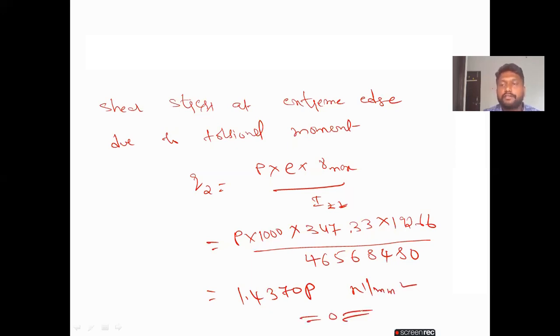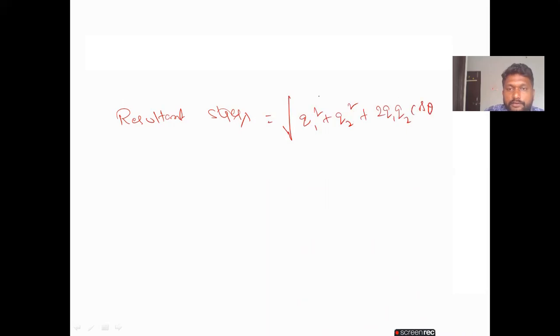So after calculation of Q1 and Q2, now we have to calculate the resultant stress. The resultant stress formula is square root of Q1 square plus Q2 square plus 2Q1 Q2 cos theta.